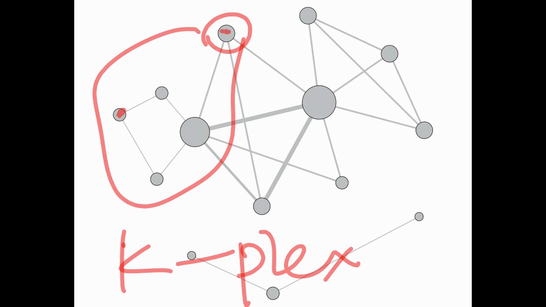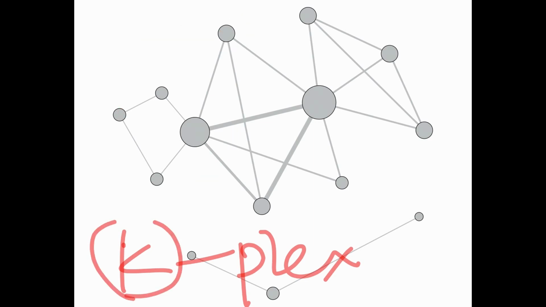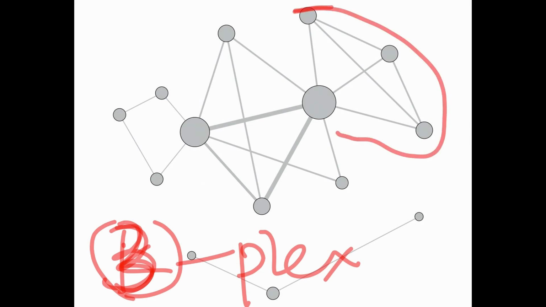However, in a k-plex, we are going to give you an excuse to be not connected with k number of other nodes. So, for example, if we want to look at a 3-plex, we start from this more established part of the clique, because they are already well connected, and let's see whether we can include other members in this 3-plex.